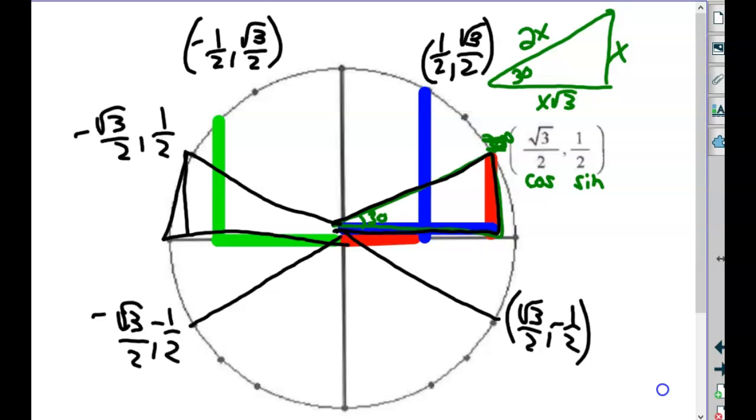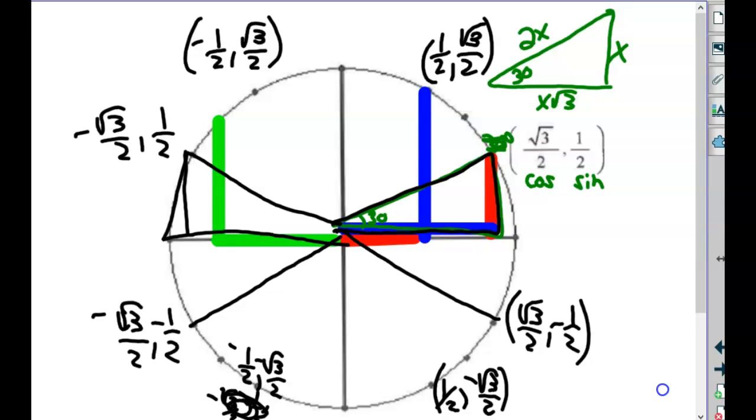I went left, and here, and here, I went right. Did I just write that one backwards? Yes, I did. Okay. I went left only 1/2, and down square root of 3 over 2. And here I went right 1/2, and then down square root of 3 over 2. That's how I remember them, is just which one did I go further, left or right, up or down.